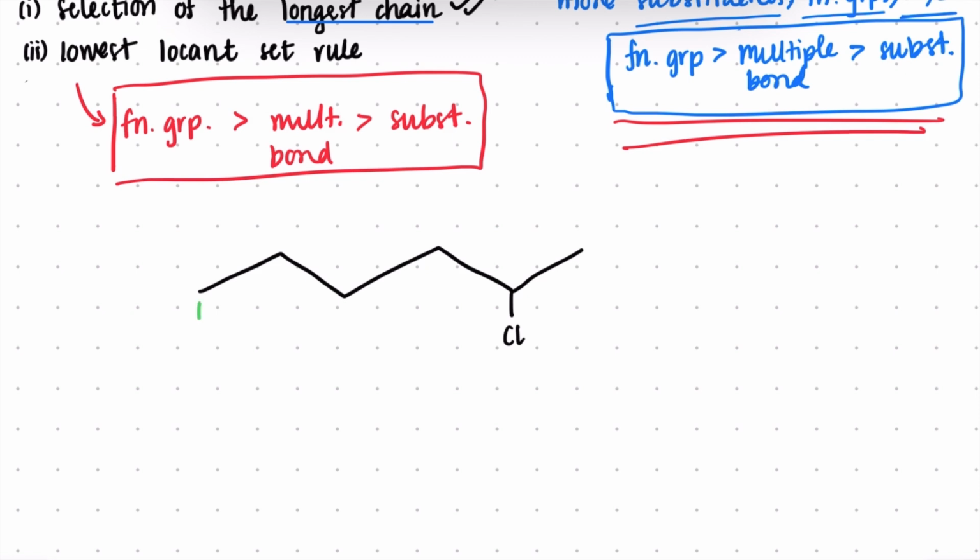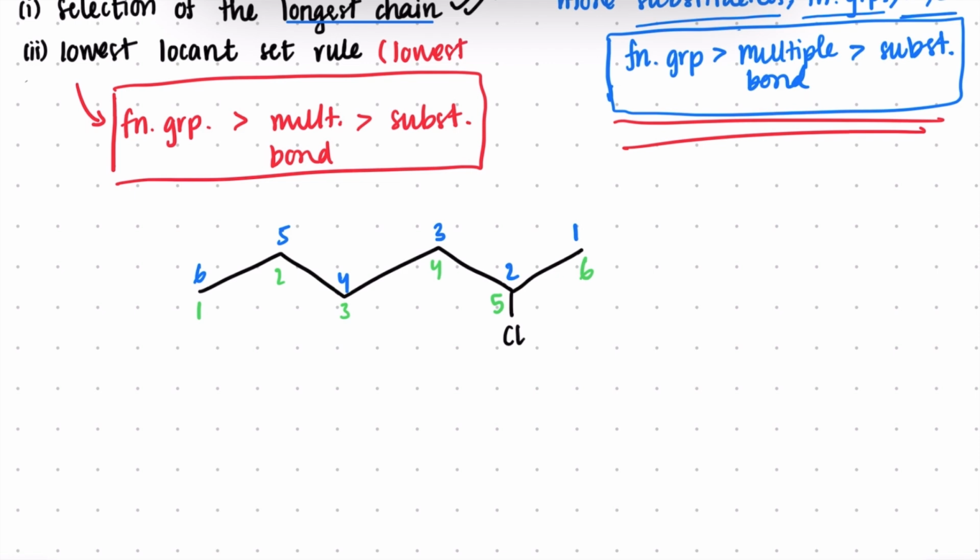One of them is this, 1, 2, 3, 4, 5, 6. This is one way. And the second way is by doing the other way, 1, 2, 3, 4, 5, 6. Now, according to the lowest locant set rule, we have to give the lowest locant.